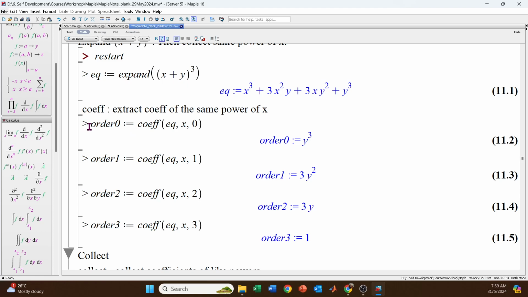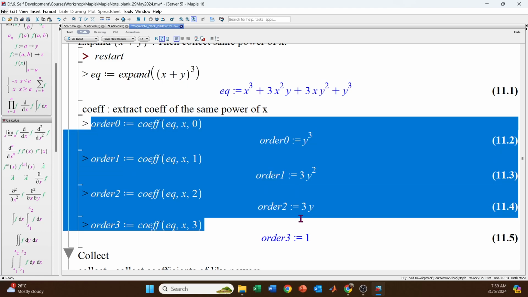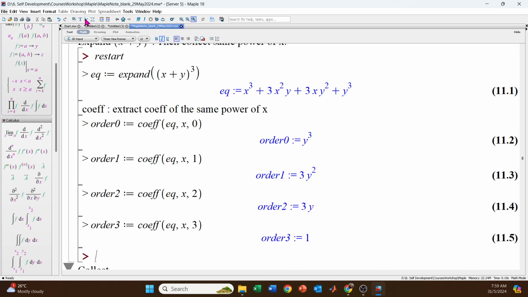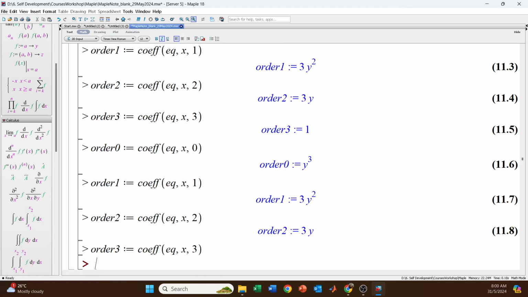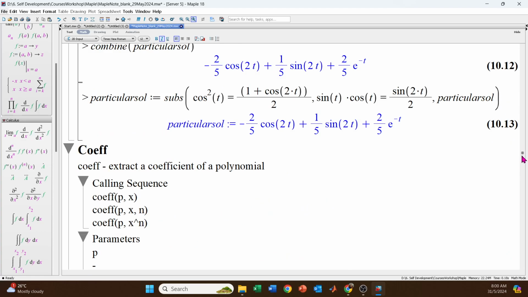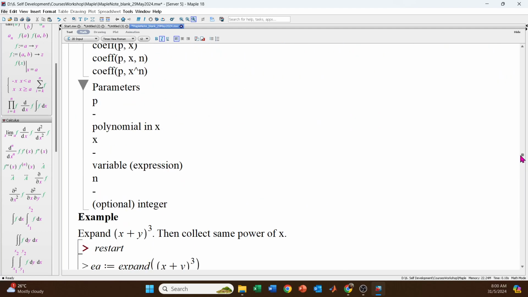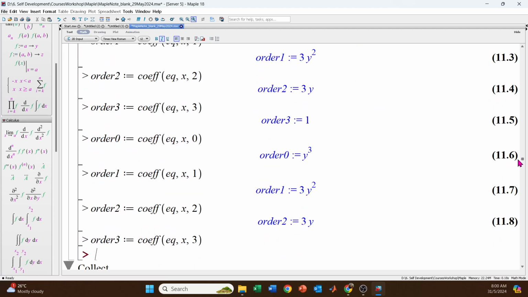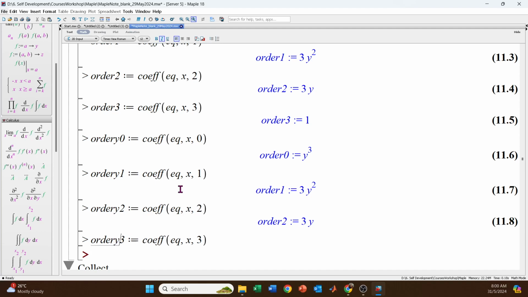Okay, let's say I copy everything here, then from here I insert and paste it. Now I want to extract the coefficient for the same power of y. So here I change to y, y, y, y.